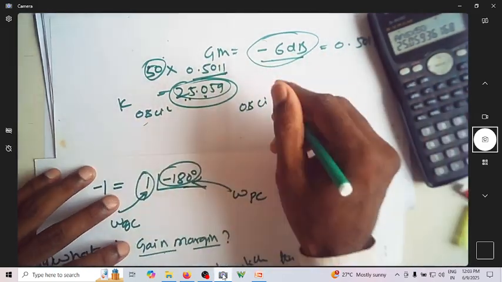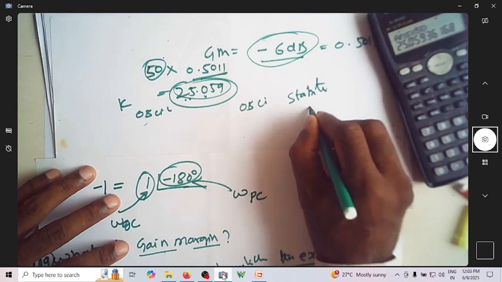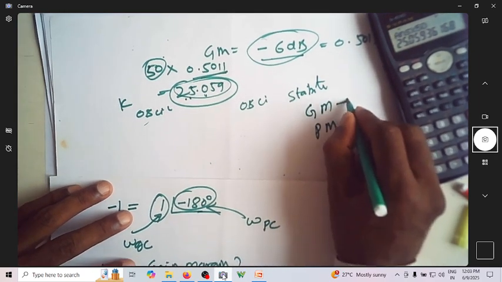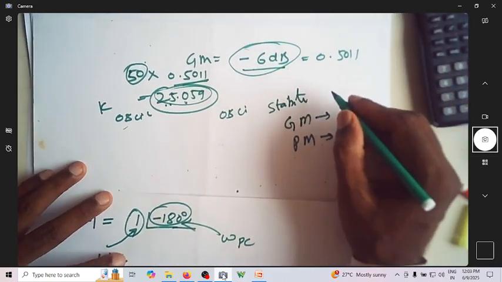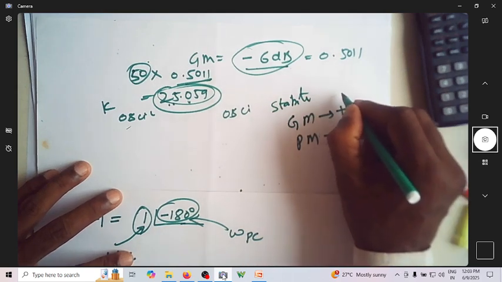To decide the stability of the system, I should know both the gain margin as well as the phase margin. If both are positive, the system is stable.